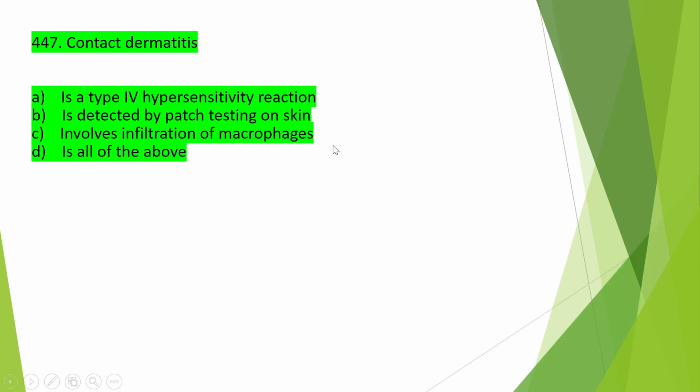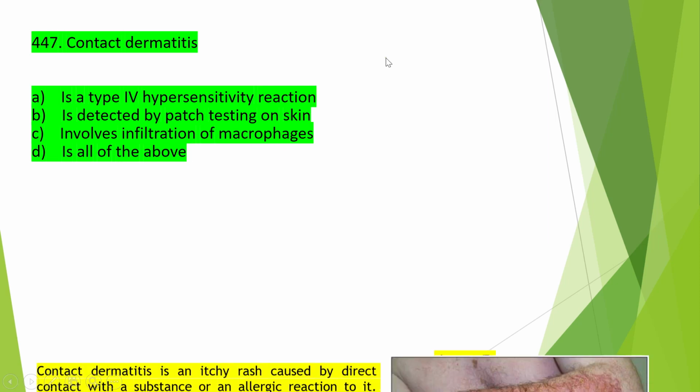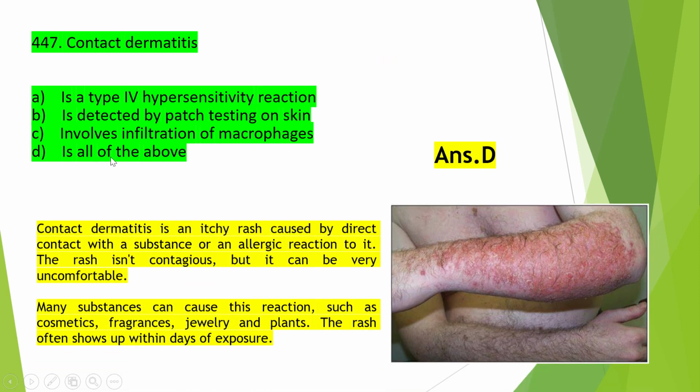Okay, so next one is: contact dermatitis is a type 4 hypersensitivity reaction, is detected by patch testing on skin, or involves infiltration of macrophages, or is all of the above. And the right one is option D, this is all of the above.